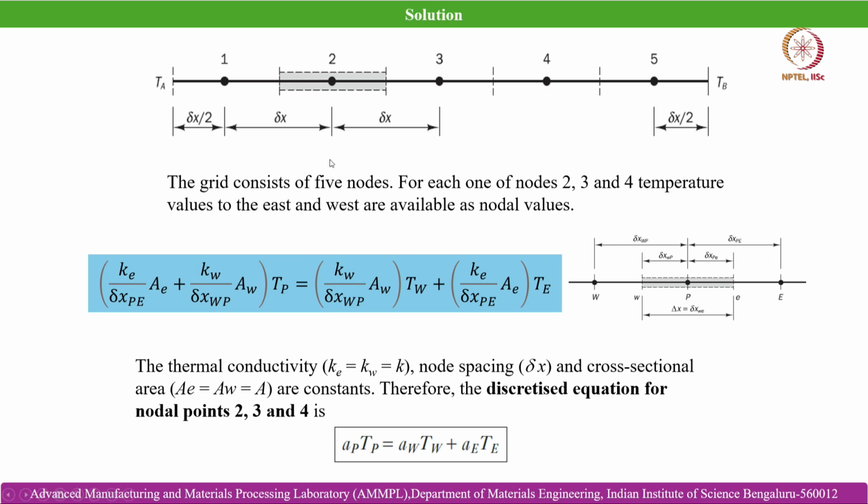We started off with the governing equation, d/dx of (k dT/dx) equals 0. In this case there is no source term, so it simplifies.